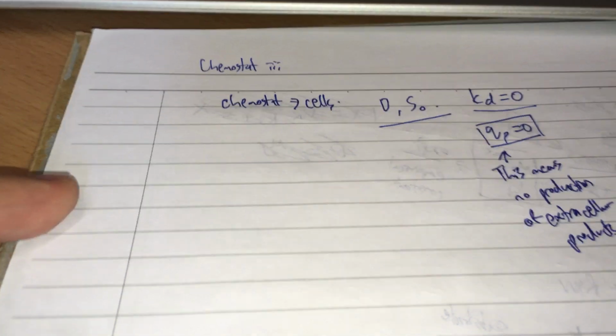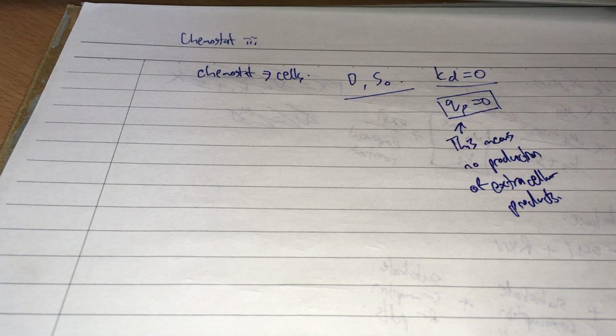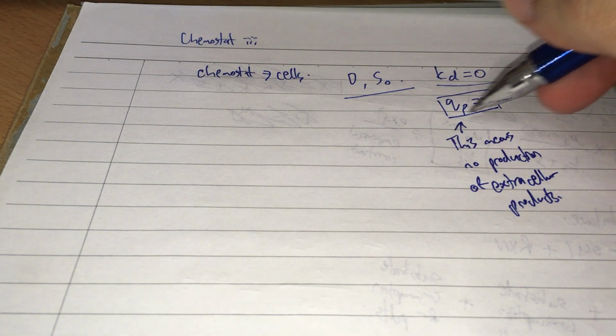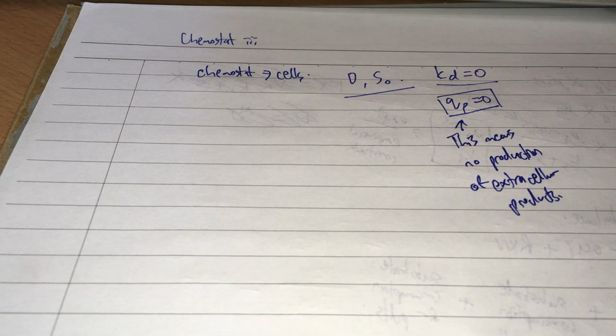So I'm saying stuff like penicillin or maybe ethanol if you are going to brew beer. So the substrate will be sugar and the product will be ethanol. So the yeast is producing ethanol. So you're not considering that case here.